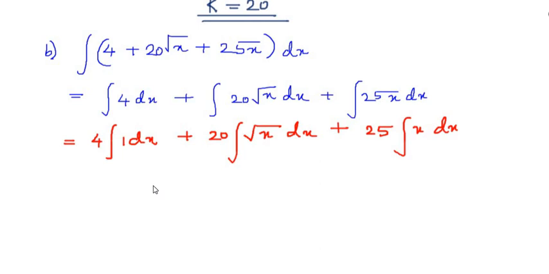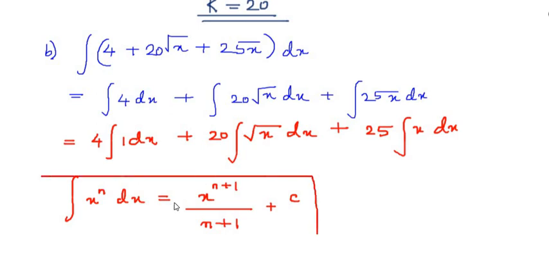Now in the previous video which I have uploaded, I have shown a formula where integration of x to the power of n dx is written as x to the power of n plus 1 over n plus 1 plus c, which is the constant of integration. Using this formula, we are going to integrate the above terms.